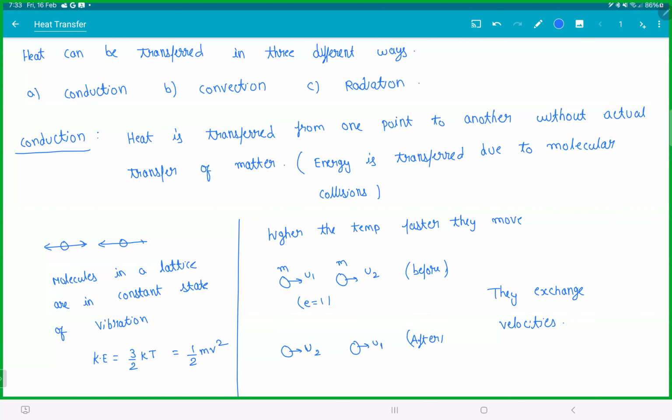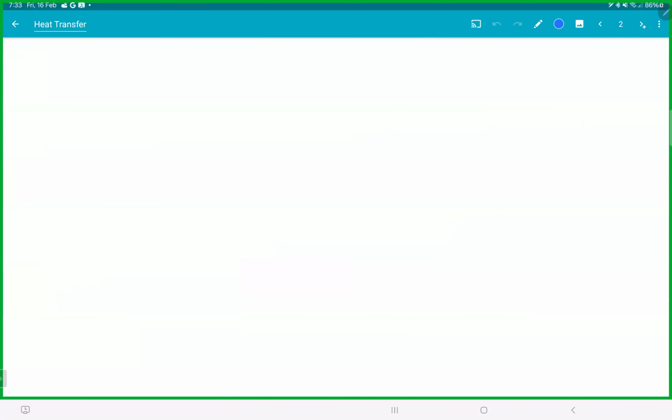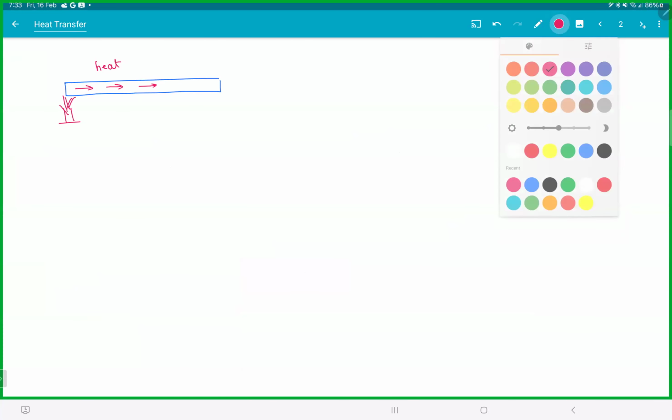Now, what happens exactly? Let's say you take a metal rod and you keep a heater here and you're putting a flame. So what happens here? Heat flows from one side to another side. When you say heat is flowing, exactly what's happening?